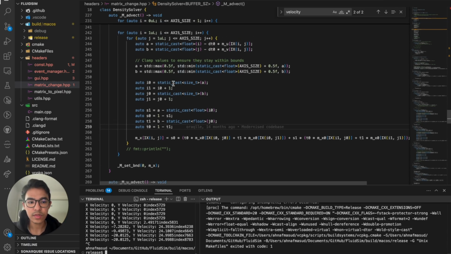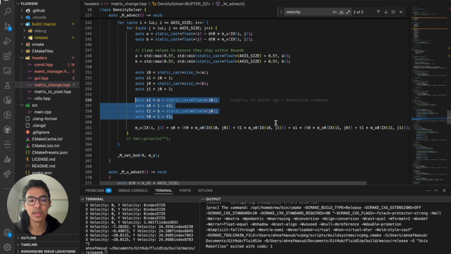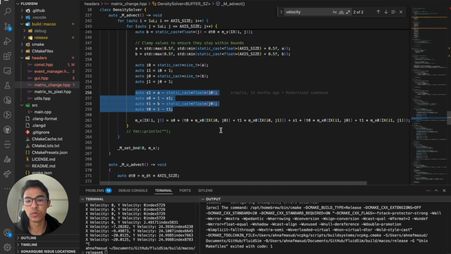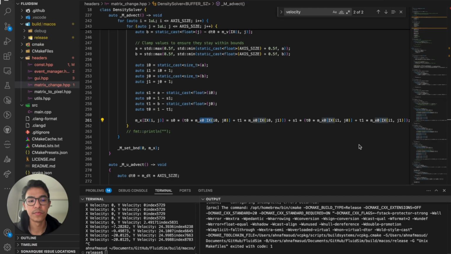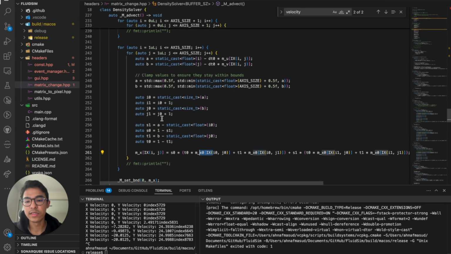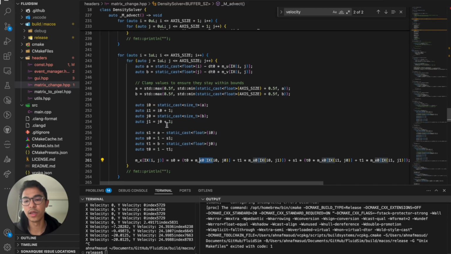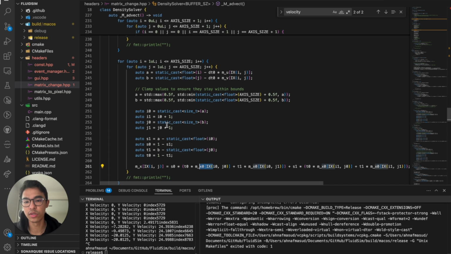Then we find the four neighboring cells of that cell, and compute the interpolation from the fractional parts of our traced coordinates, and smooth it out with this macro. This ensures that whatever force we apply, the diffusion is smooth according to the math.